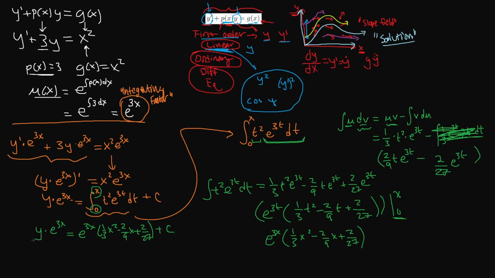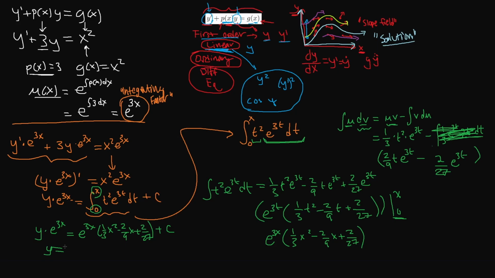Now we have to divide both sides by e to the 3x. We want y to be by itself, right? So y equals, these are going to cancel out, and of course this one still needs to be divided.